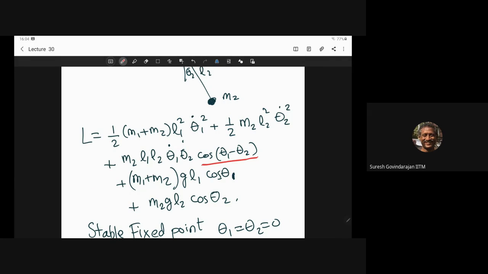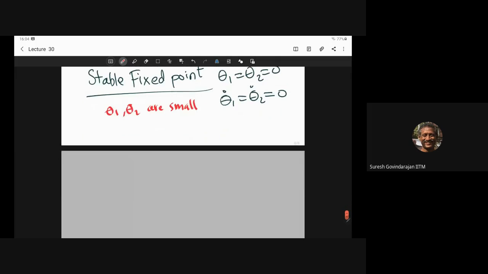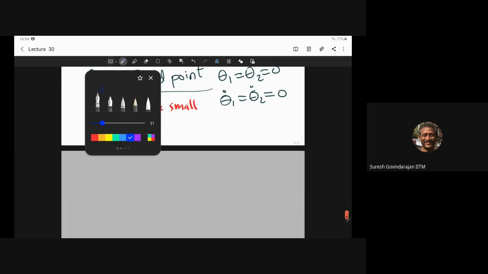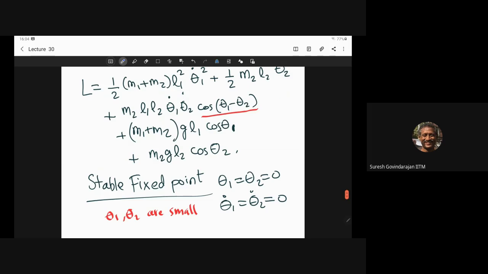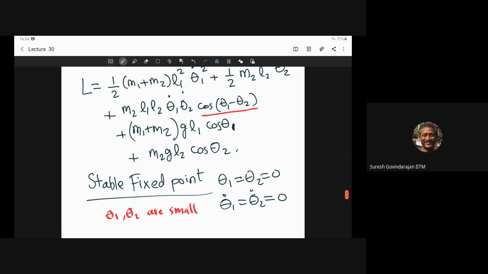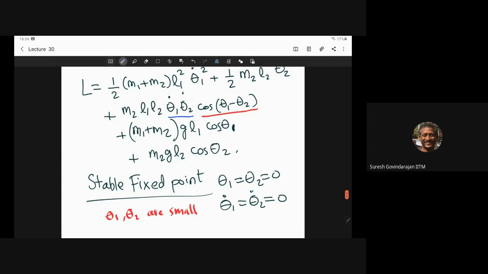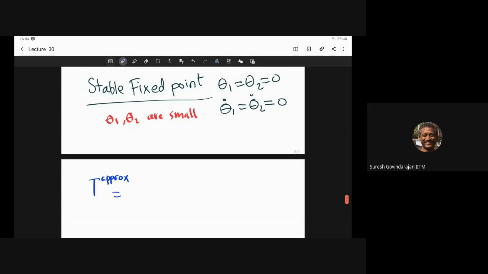So what should I replace cosine of theta 1 minus theta 2 with? 1. Exactly, because it's already of order theta small square. So T approximate, we are getting that.